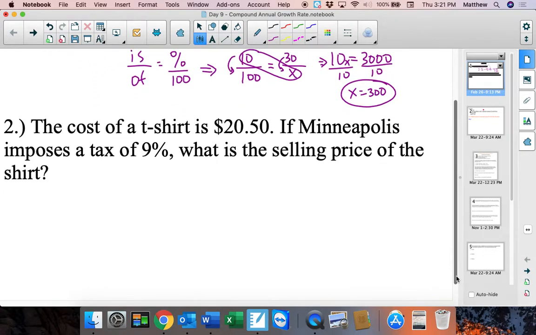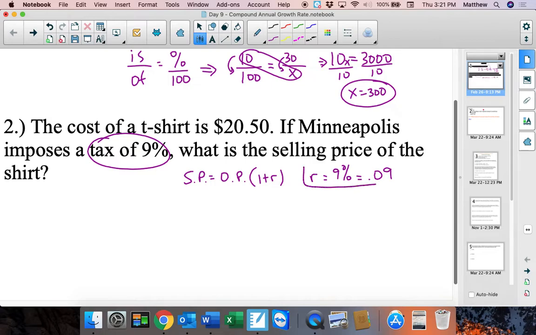The cost of a t-shirt is $20.50 if Minneapolis imposes a tax of 9%. So I know a tax is like an additional charge. What is the selling price? If you remember from a couple of units ago, we did percentages. Selling price equals my original price times 1 plus the tax, or if there's a discount, it would be 1 minus R. So here, R, in this case 9%, we write as 0.09.